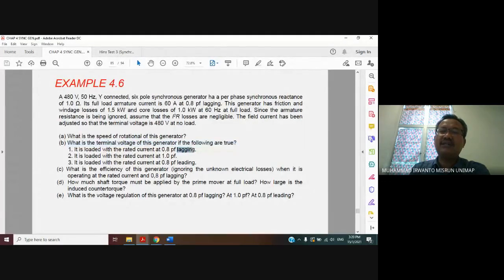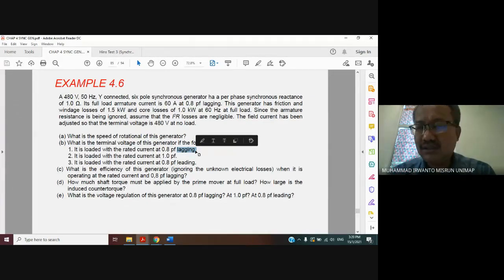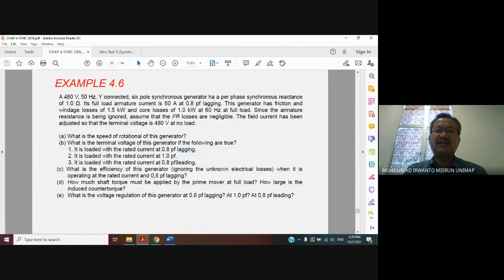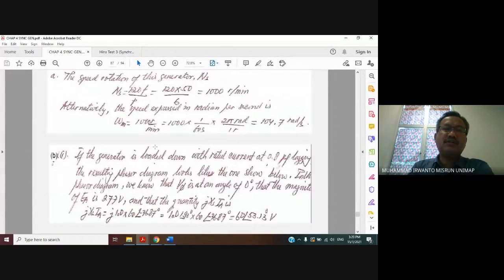Lagging means the current lags the voltage by how many degrees, and leading means the current leads the voltage by how many degrees. The degree you can find here as arccos of 0.8, for example. Now we calculate first for the power factor 0.8.